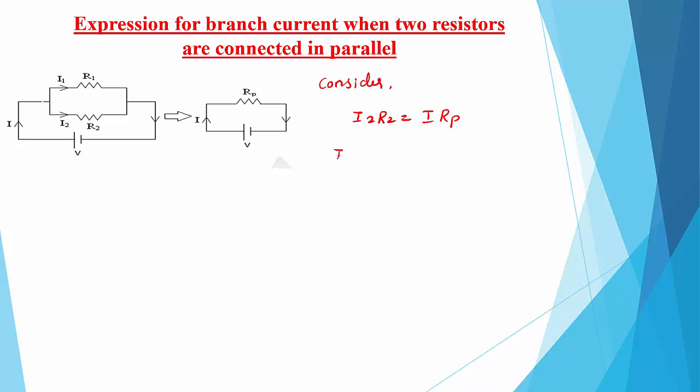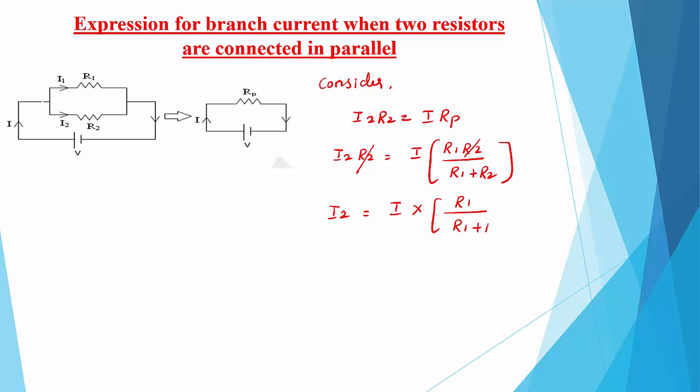Again substitute in place of Rp, what can we write here? R1 R2 divided by R1 plus R2. Here R2 will get cancelled, remaining is I2 equal to I into R1 divided by R1 plus R2. So this is an expression for branch current I2. Let us take it as equation 3.